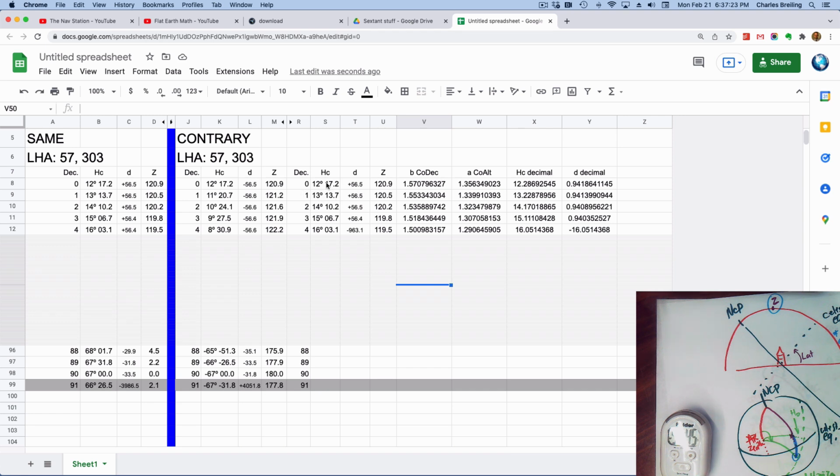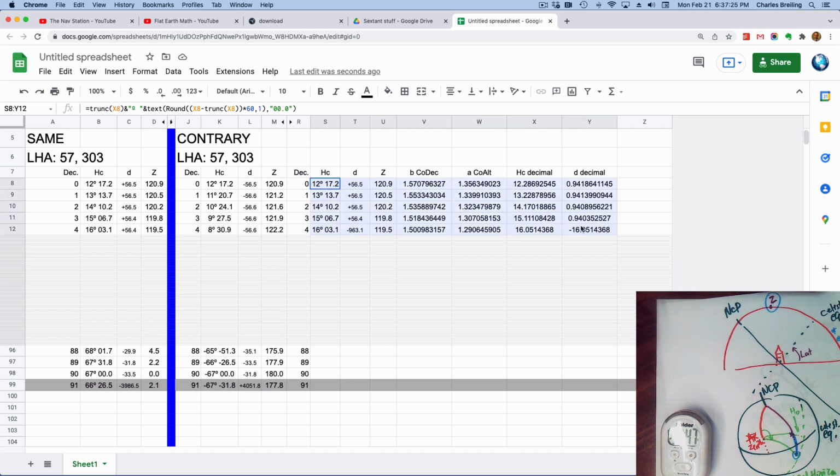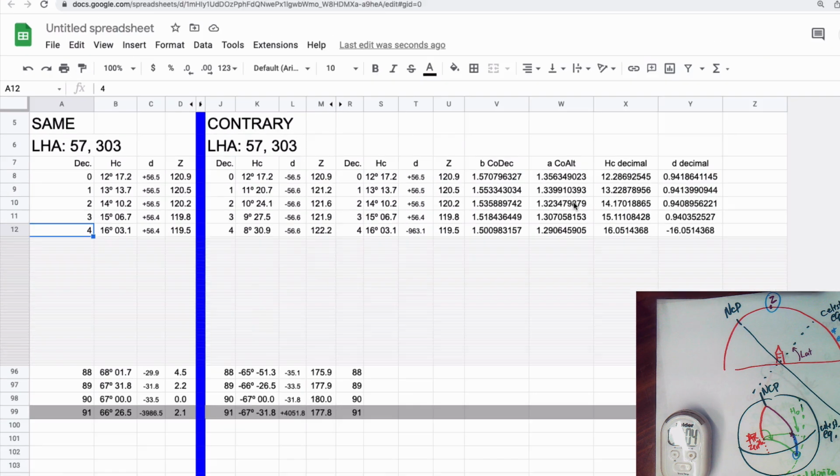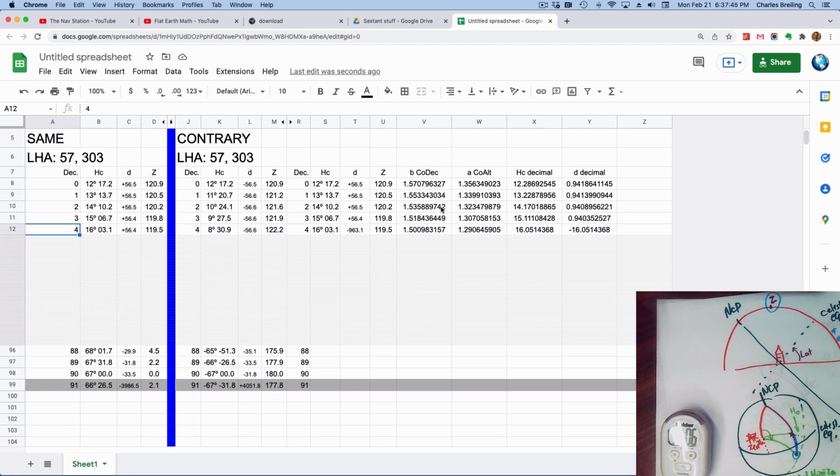So right now, these cells in this spreadsheet are duplicating the first few cells that I did on the left-hand side. In fact, you should see, for example, declination of 4 degrees has 16 degrees, 3.1 minutes, 16 degrees, 3.1 minutes. So nothing has really changed. All right. So how are we going to change this to be contrary?